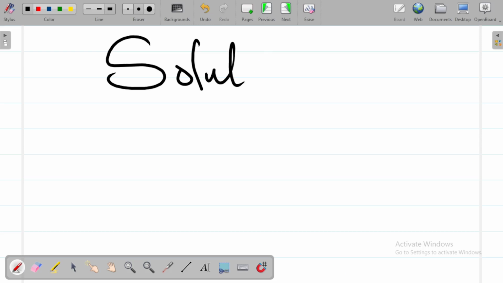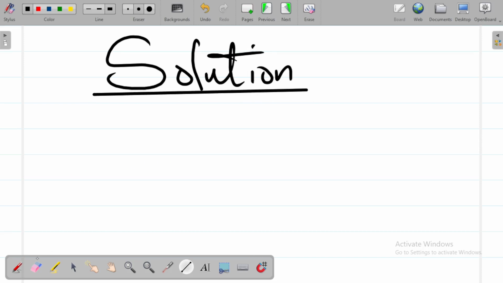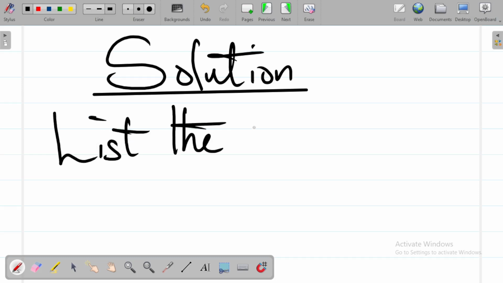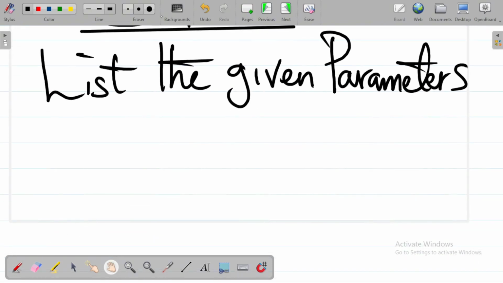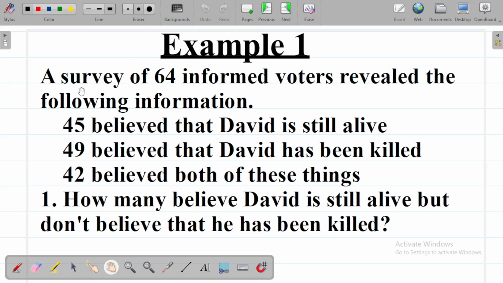Solution. Our first task is to list the given parameters. So let's look at the question again. A survey of 64 informed voters revealed the following information.